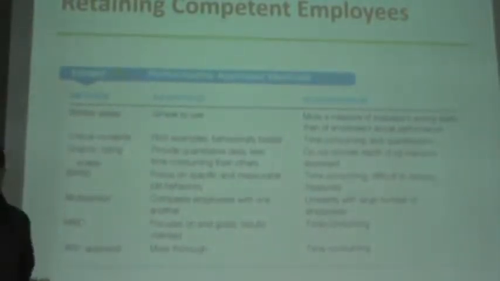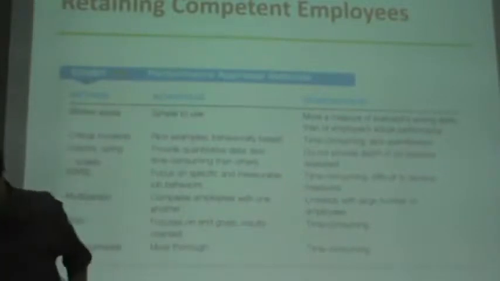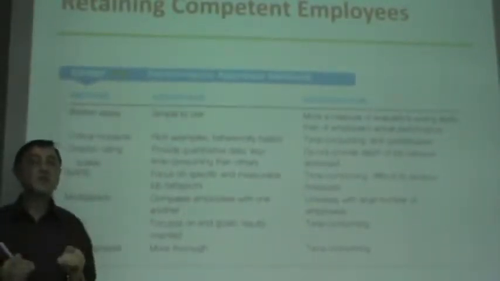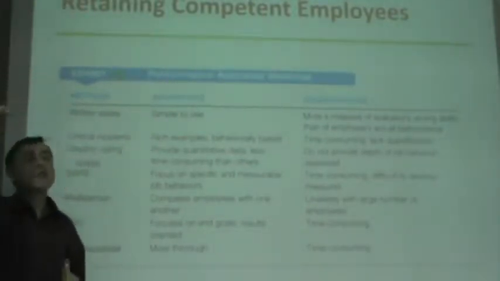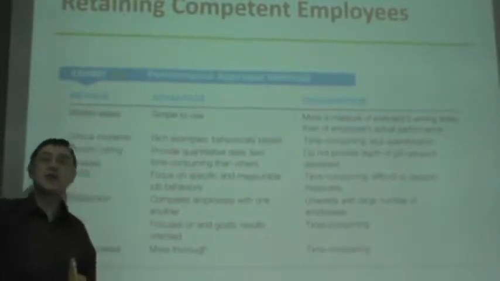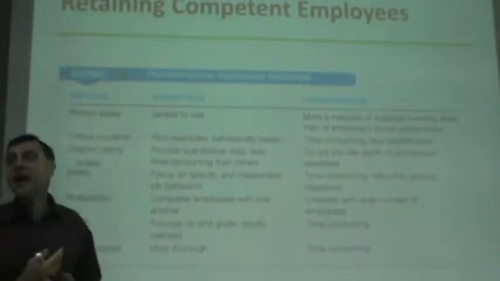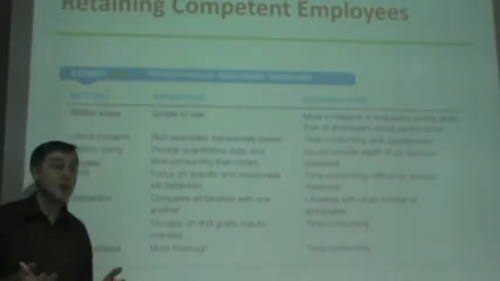Next one is called BARS. Let's see what the BARS is. It's tricky. Behaviorally anchored rating scale. So you provide a specific rating scale, and the rating scale is going to be excellent, very good, good, unsatisfactory, and poor. And you evaluate, let's say, the waitress. Is she coming on time or not coming on time?